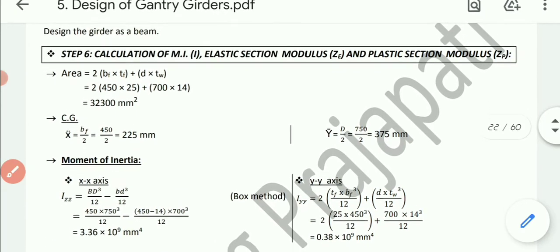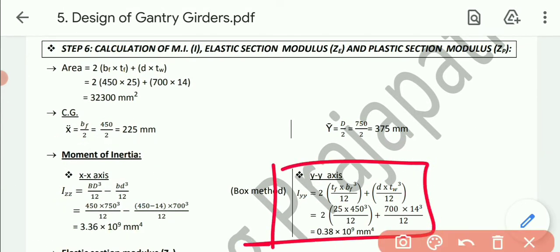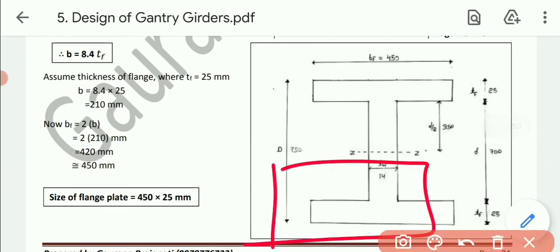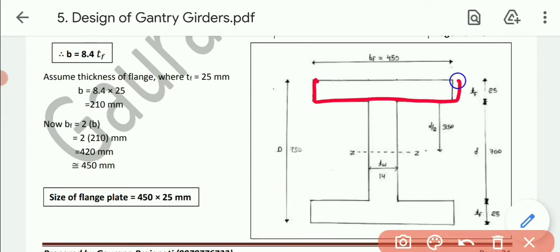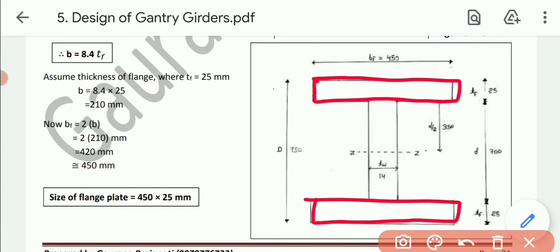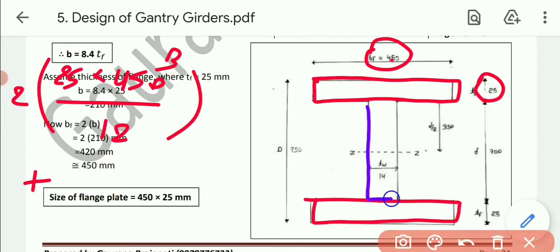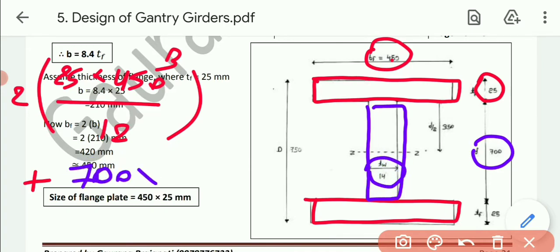Now similarly I need to calculate moment of inertia with respect to y axis also. So with respect to y axis means dB cube by 12, two flanges are there, this one and this one. So 25 into width, that is 450, 25 into 450 cube by 12 multiplied by 2 times, plus the central web portion, that is 700 into 14 cube by 12.